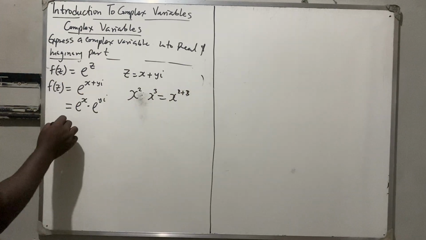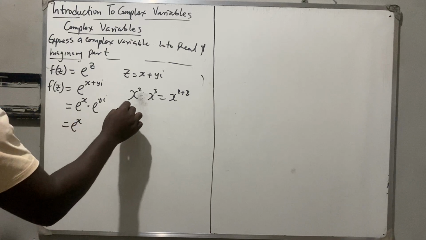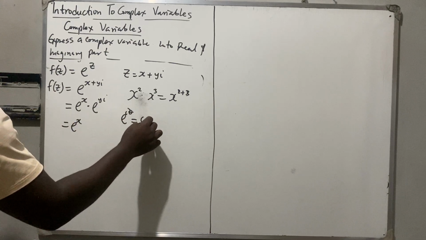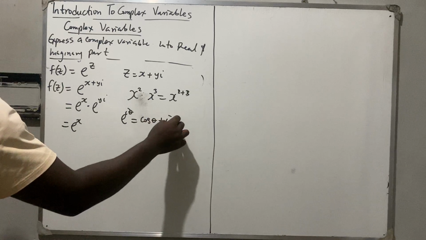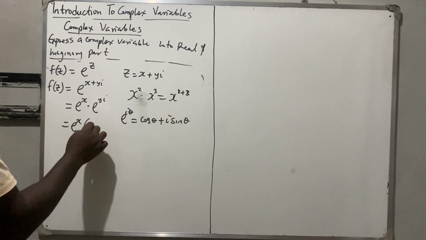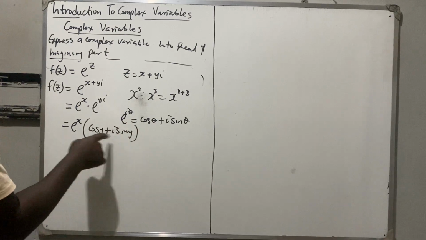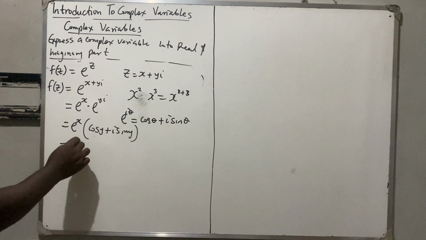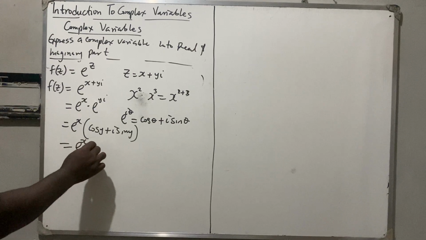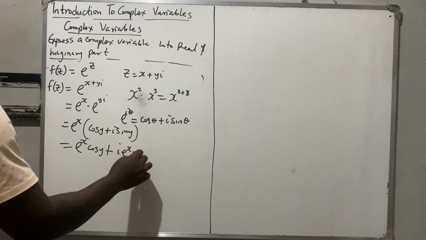So if you leave this one this way, exponential x, don't forget that exponential i theta is the same as saying cos theta plus i sine theta. So this one can be written as, in bracket, cos y plus i sine y. So if I open this bracket, you see that I'm going to have exponential x cos y plus i exponential x sine y.